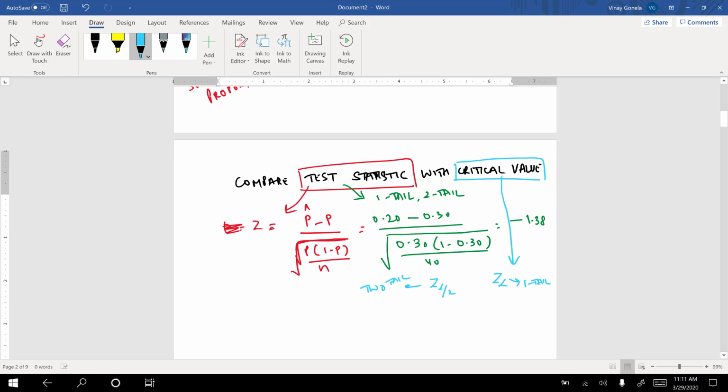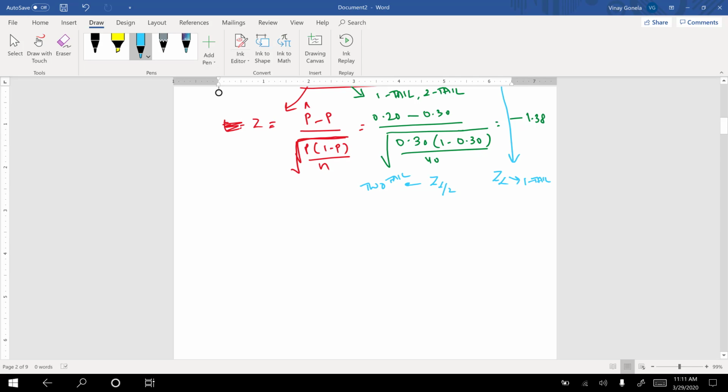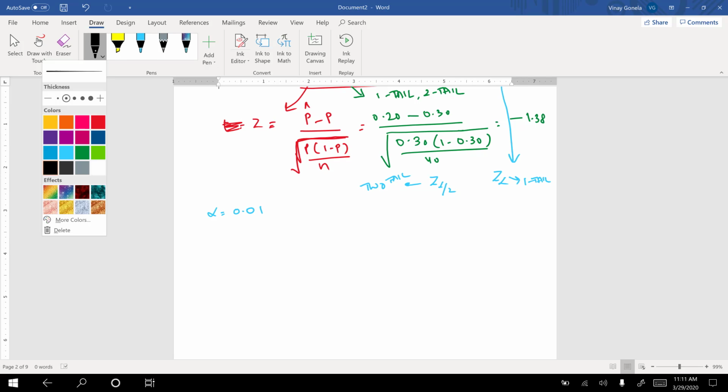So let's try to understand. They gave us alpha as 0.01 in the problem. I will try to plot the proportion which the president is claiming.